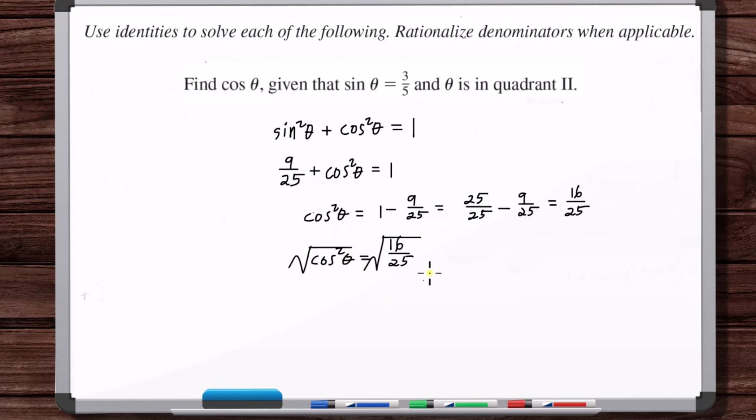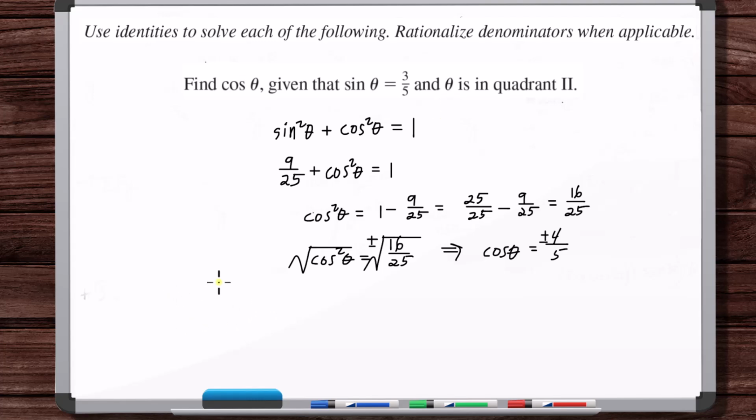Take the square root of both sides, applying the square root property. So cosine theta is plus or minus 4/5. Now we need more information. Which is it? They do give us more information: theta is in quadrant 2.